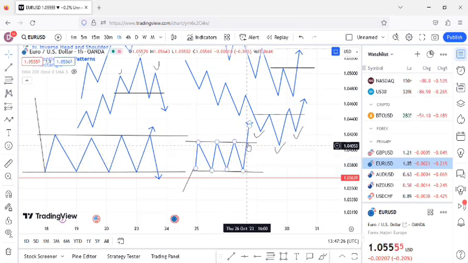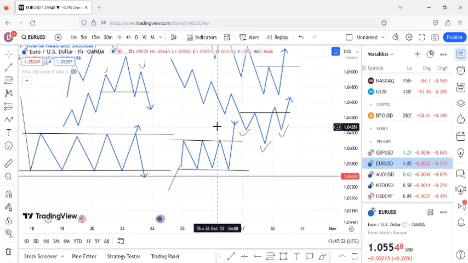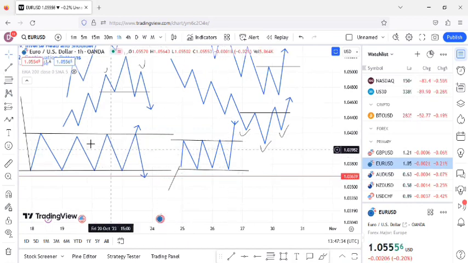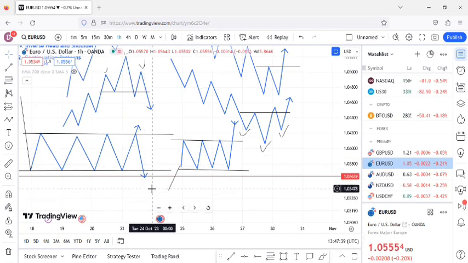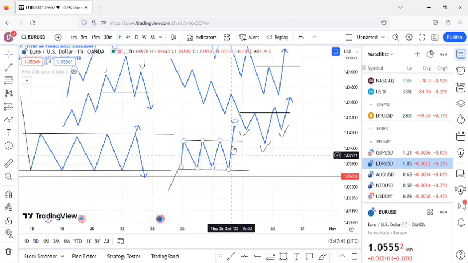Then what you do is you wait for a breakout. Then after a breakout, retest, then you buy. Remember, in a downtrend, consolidate, downtrend continuation. In an uptrend, consolidate, uptrend continuation.